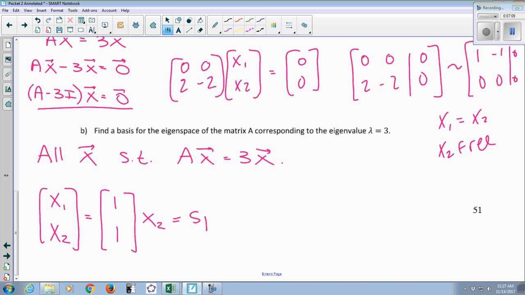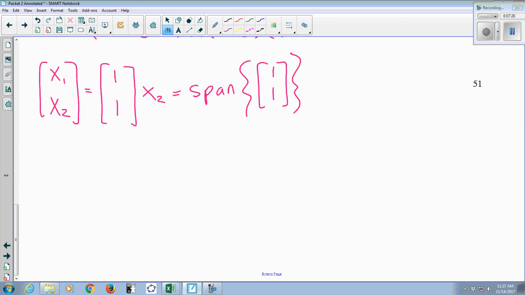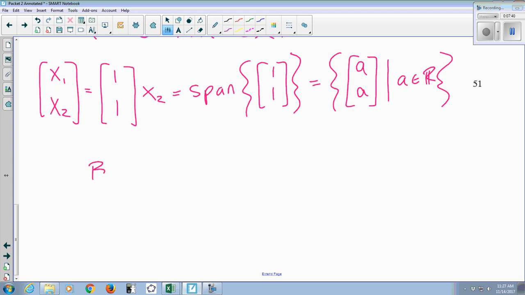So this is one way of describing the eigenspace. Another way would be to say the span of (1, 1). I could write it in set builder notation: the set of all vectors that look like (a, a), such that a is an element of R. I could also give a basis, and my basis would just be the vector (1, 1).